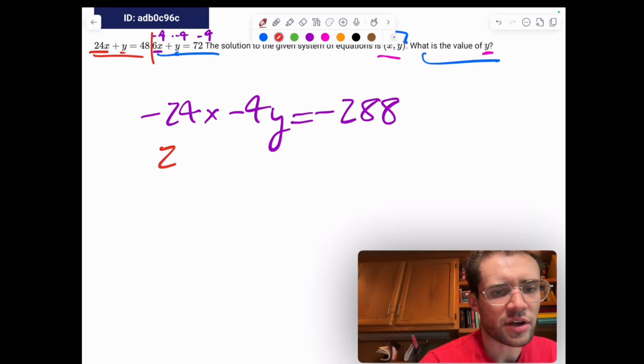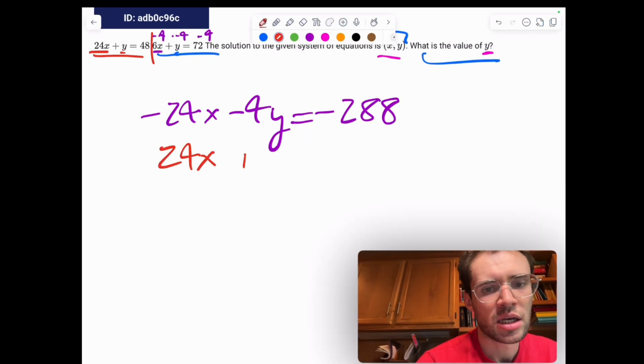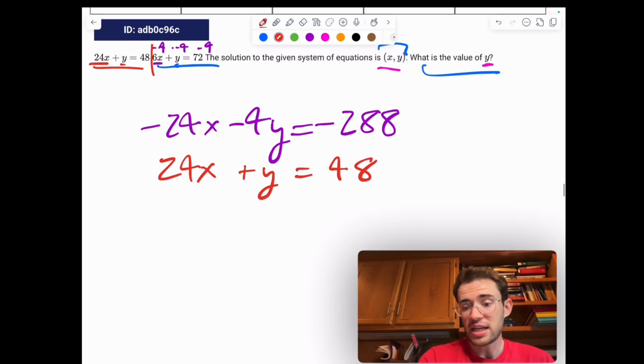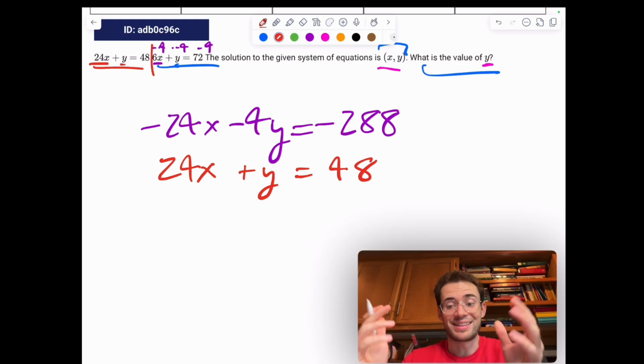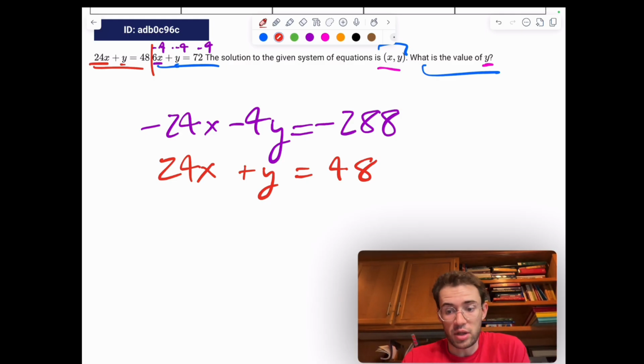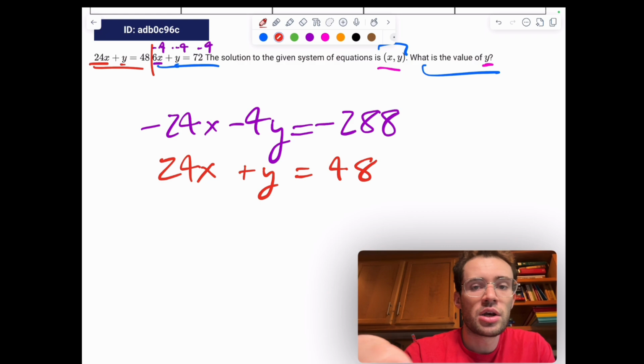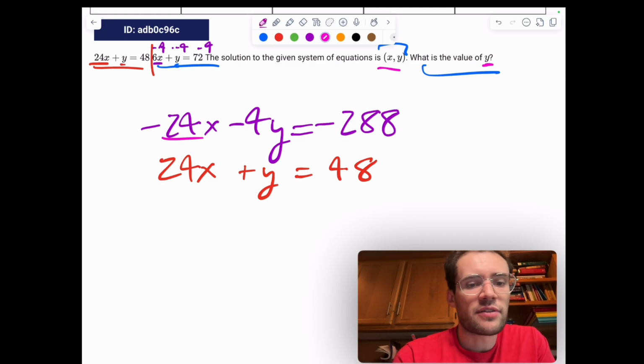The first equation they gave us, I'm just going to leave as is: 24x plus y equals positive 48. Now I combine the left sides of these equations and the right sides. You're adding equivalent values on both sides of the equal sign, so it's staying balanced. Negative 24x plus positive 24x cancels, that's 0.